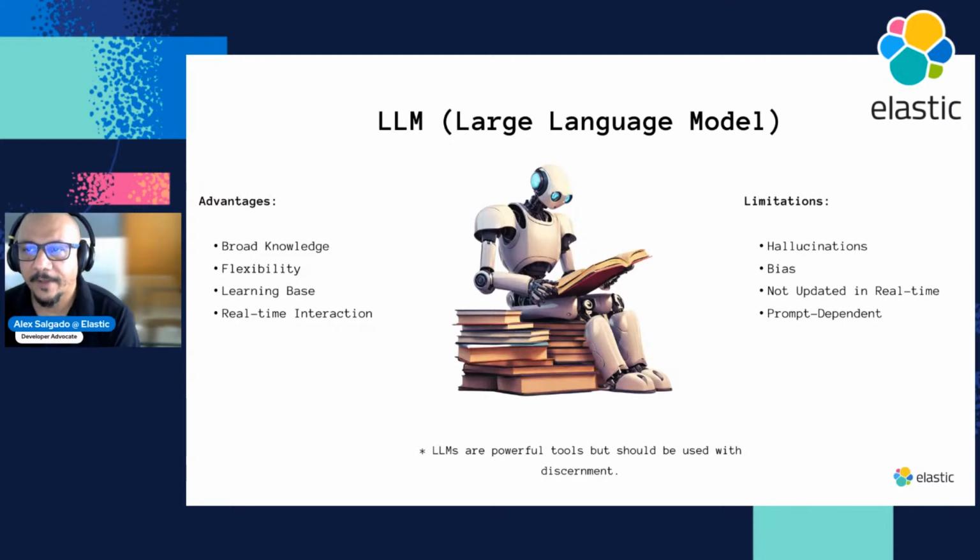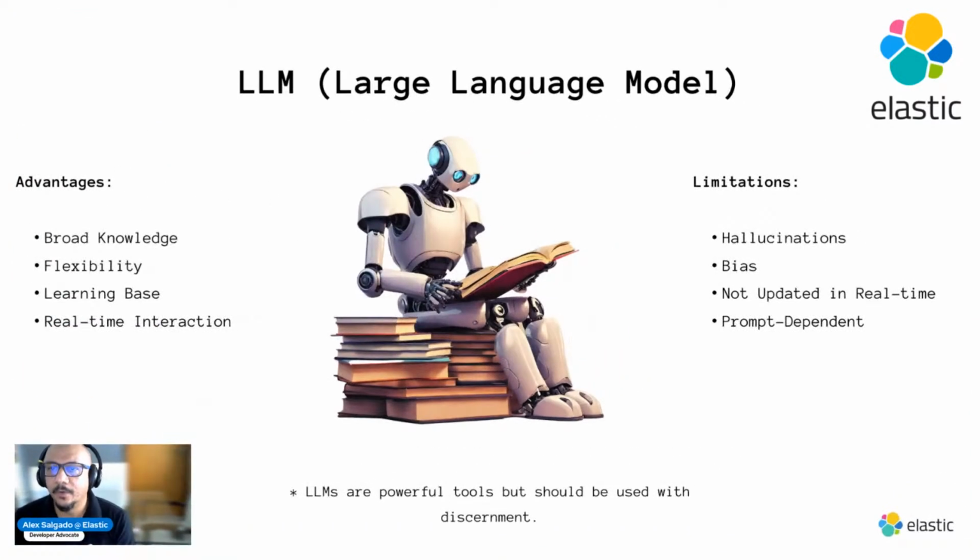And you know that you have a lot of large language models in the market. The big techs are launching all their LLM models. That's a big transformation in the AI area. The LLM has a lot of advances, like a big learning base and real-time interaction, but it also has some limitations, for example, hallucination and not being updated in real time.